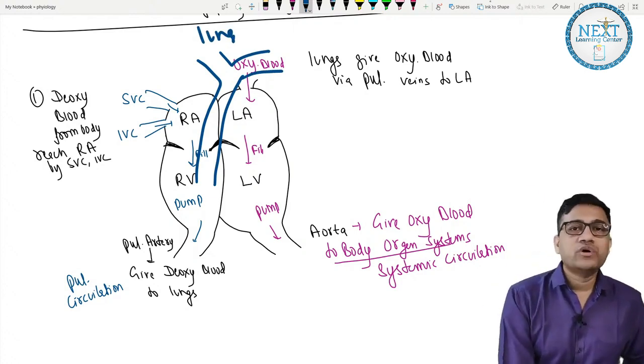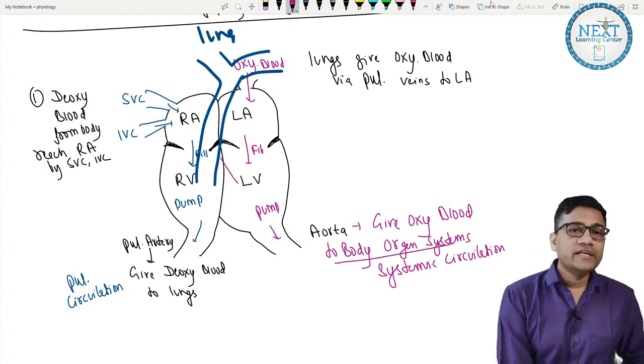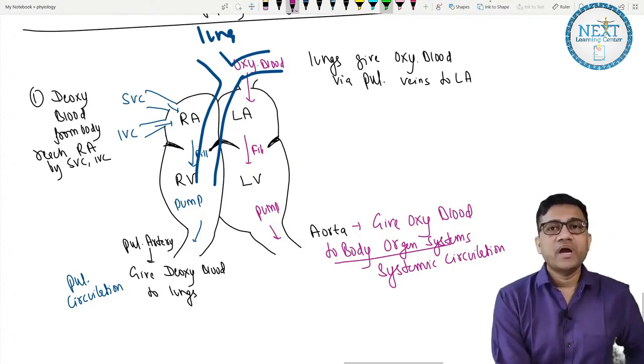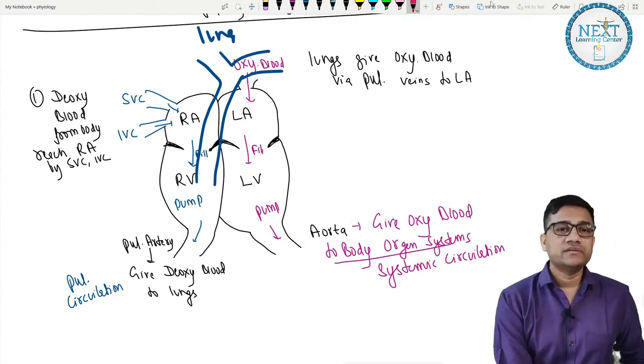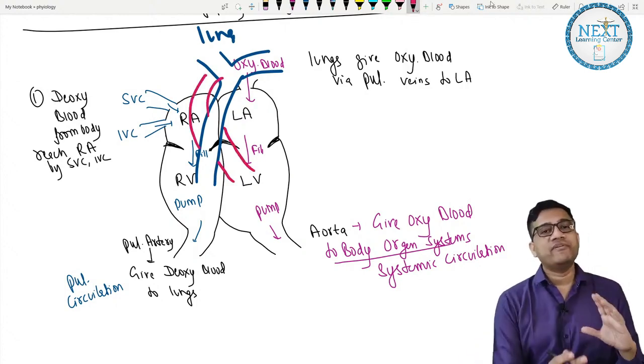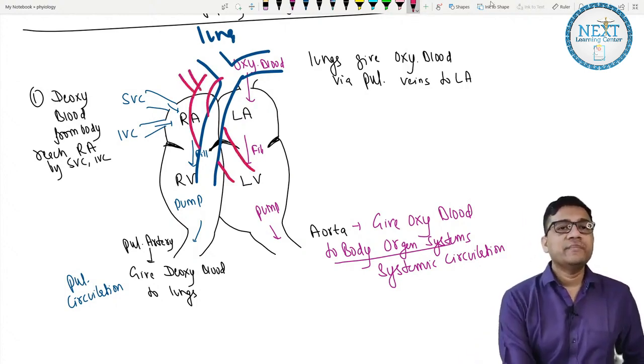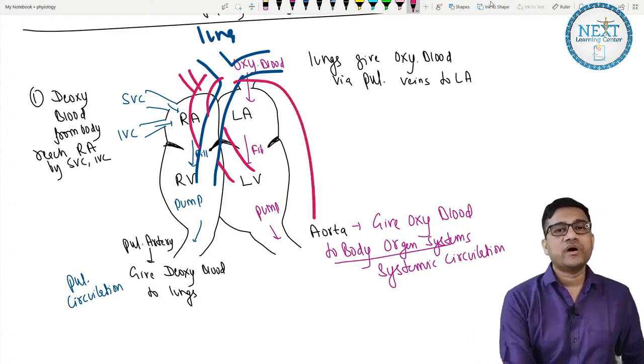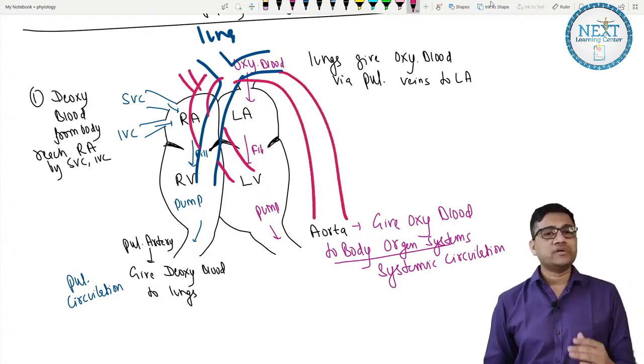And the aorta is also pointing upward and gives three main branches, and then the aorta goes down.